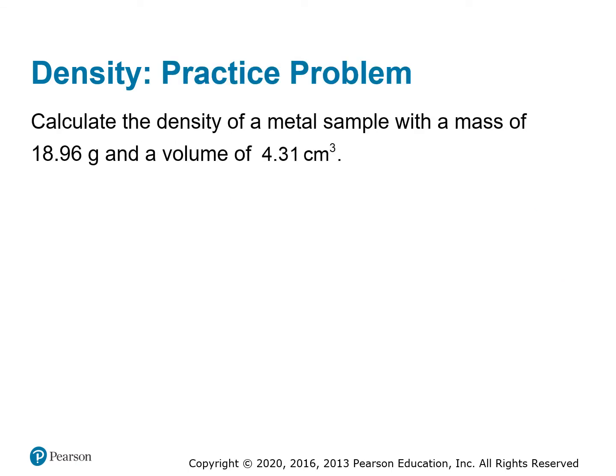So here's a practice problem that I talked about, and it's asking you to calculate the density of a metal sample with a mass of 18.96 grams. So mass is given and the volume is 4.31 cubic centimeters. The first thing you need to know here is what it is asking me to find, and what is given to me.